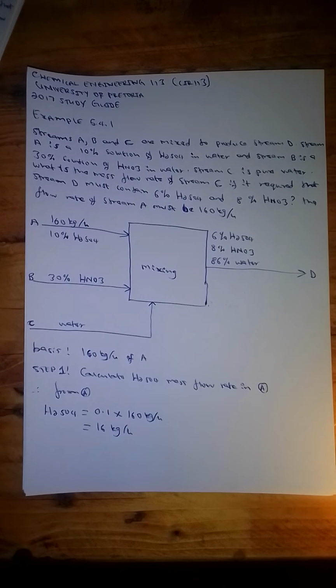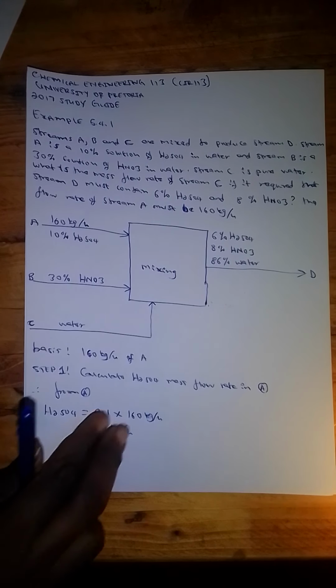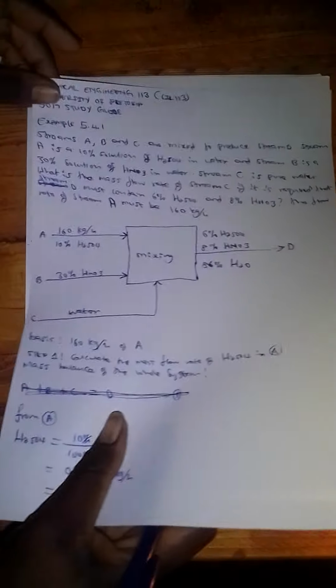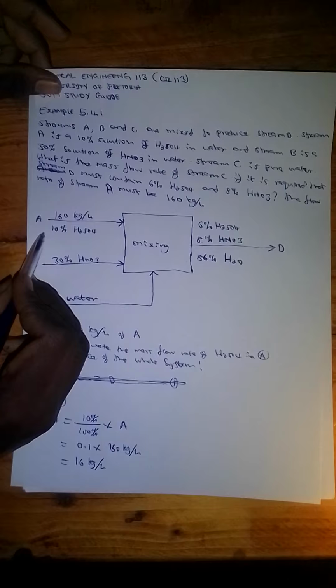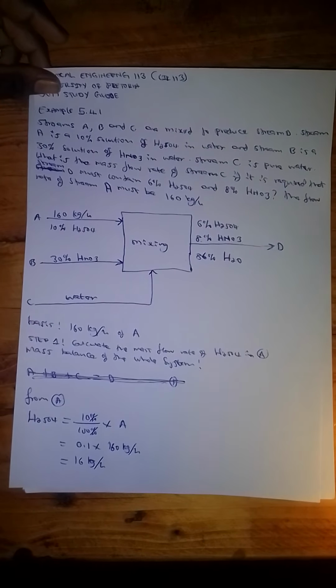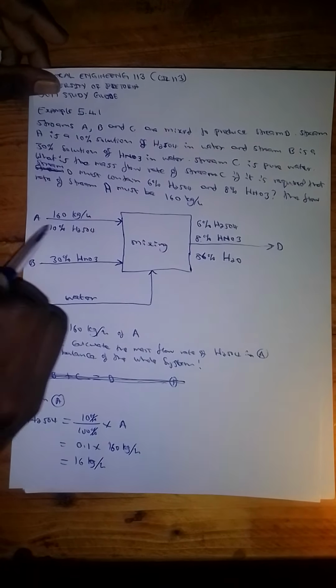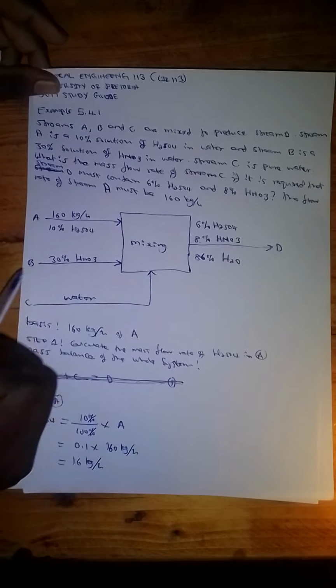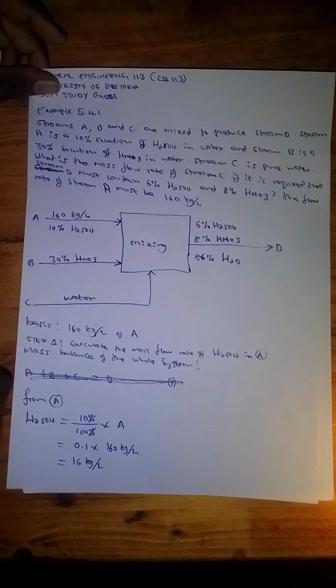And now we're moving to our step 2. Remember, now that we know that H2SO4 is 16 kilograms per hour as we've calculated, we could use that to calculate D, because we know that H2SO4 is a tie compound.